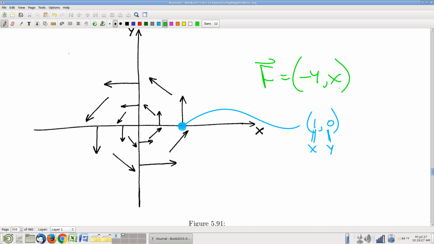If x is 1 and y is 0, then I get 0 comma 1.